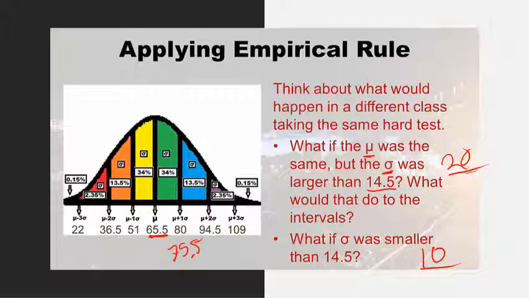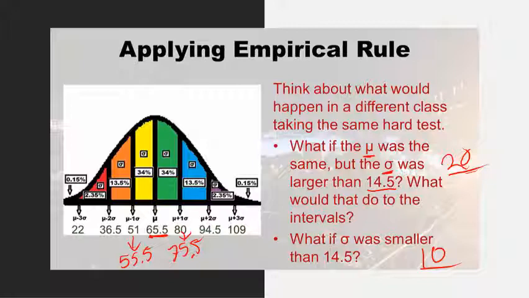And your lower limit over here would be 65.5 minus 10, which would be 55.5.